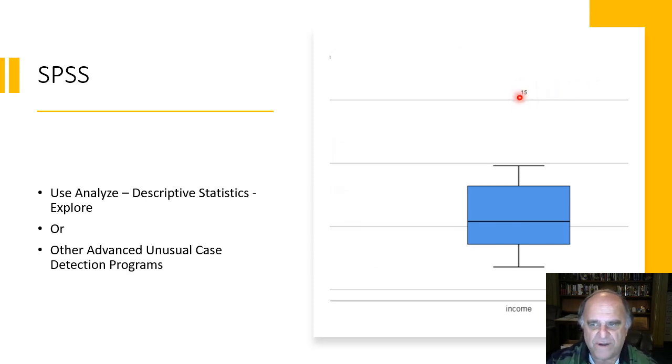Now, I don't know what 1.15 is right now. I can, of course, go to that case and look up what it is. Or I could have assigned labels. Like in the previous slides, I had labeled the states by their names. So if I assigned a label here, I could see what case it is that's outside of the income range.